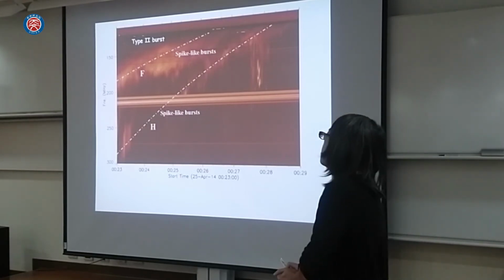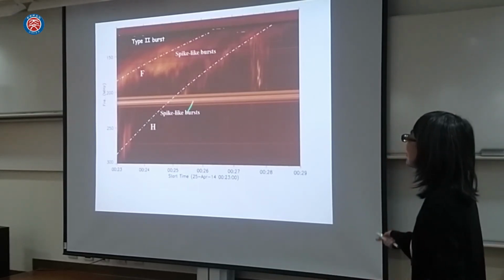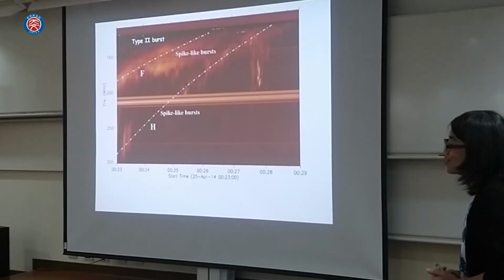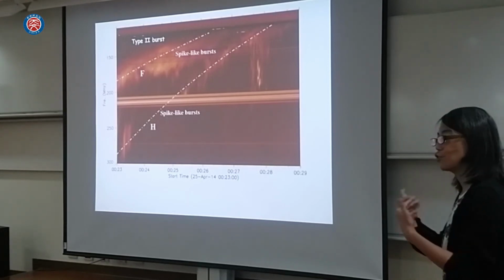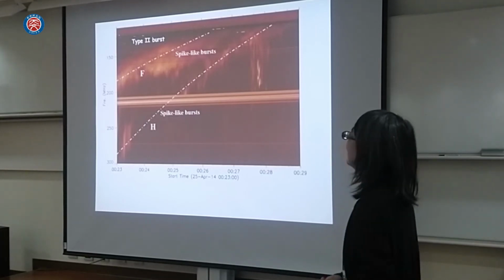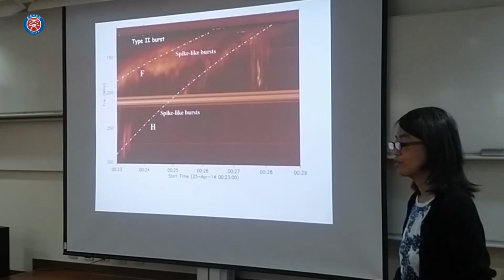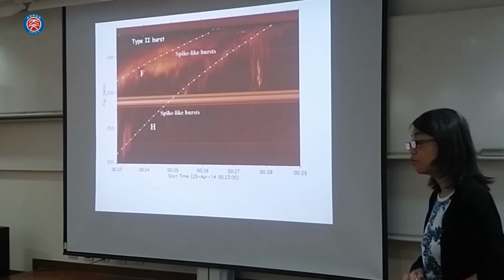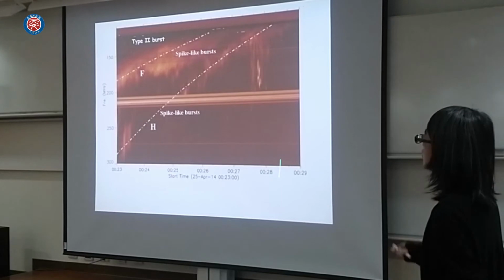But the other paper says this CME does not move so fast, so the shock strength is not so strong. So such spike-like bursts may not be caused by the shock, because the CME is not moving so fast. So how do we explain such a feature?